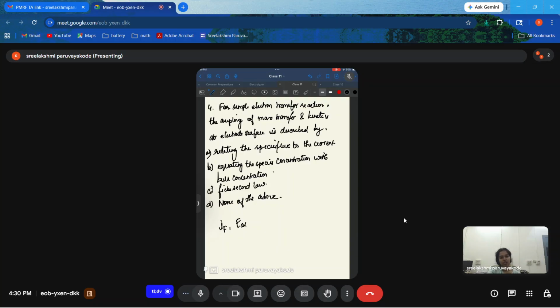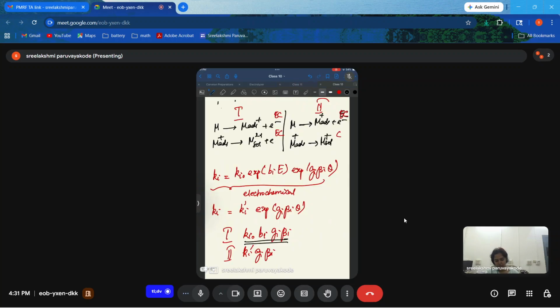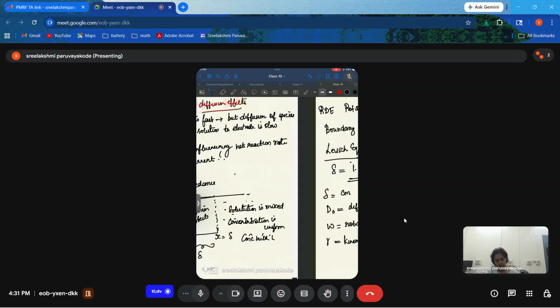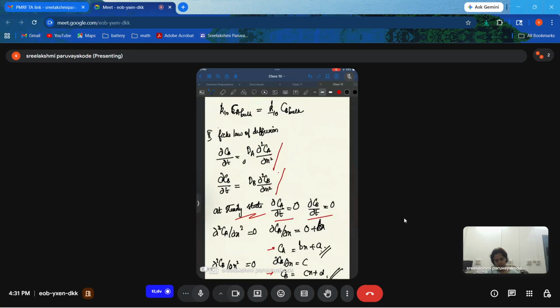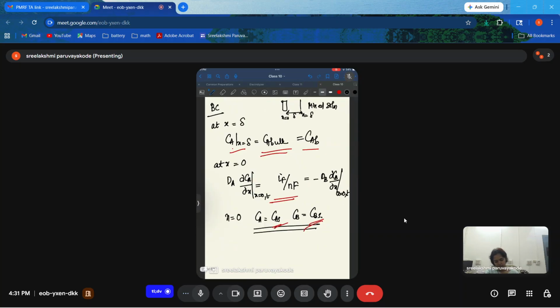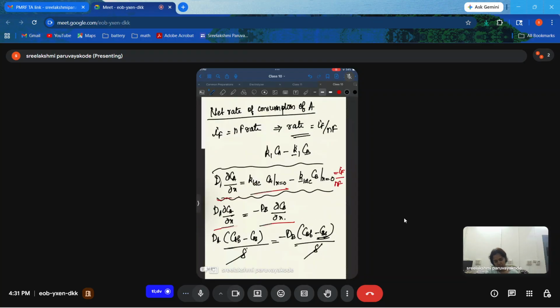There's a concentration gradient. So the concentration gradient is given by which equation? Fick's law. In multiple classes we saw this equation.